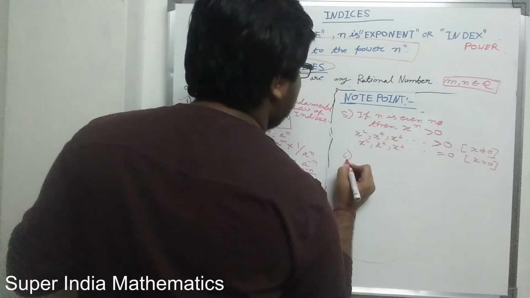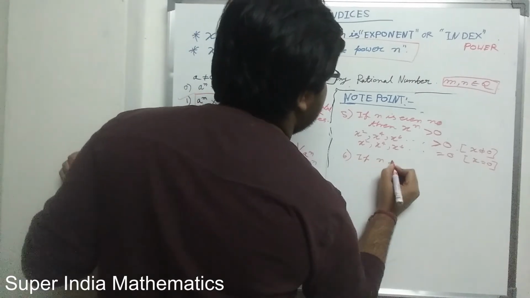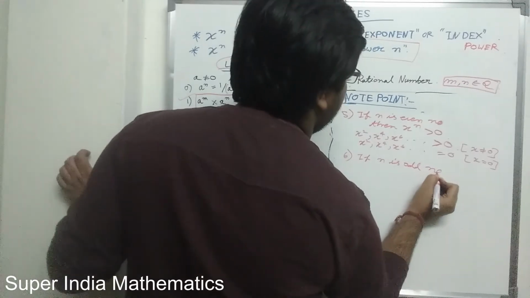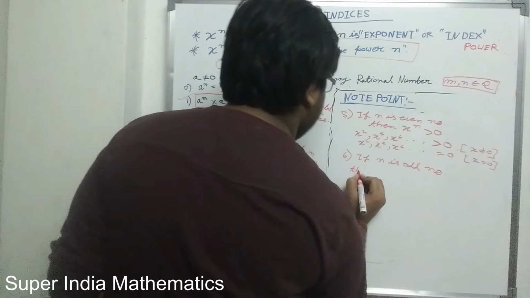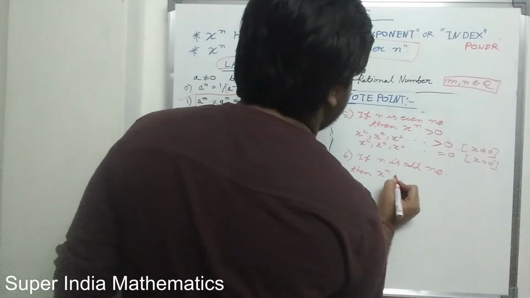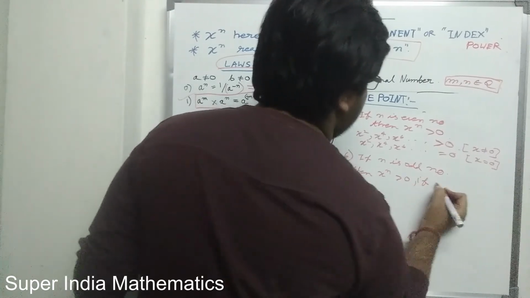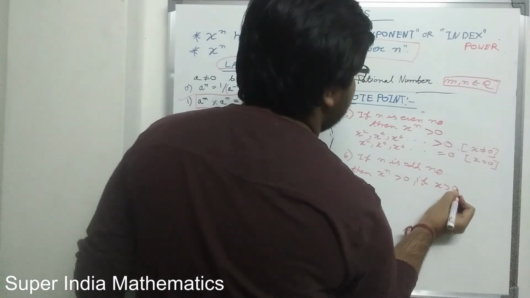The sixth formula is if n is odd, then x to the power n is greater than 0 if x is greater than 0.